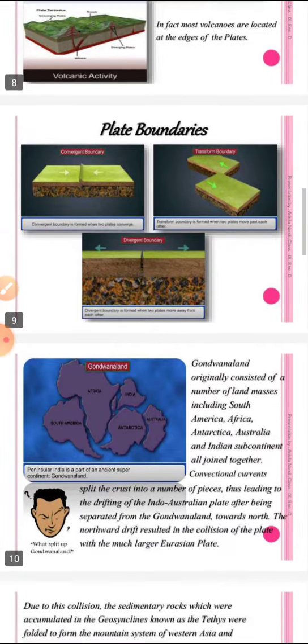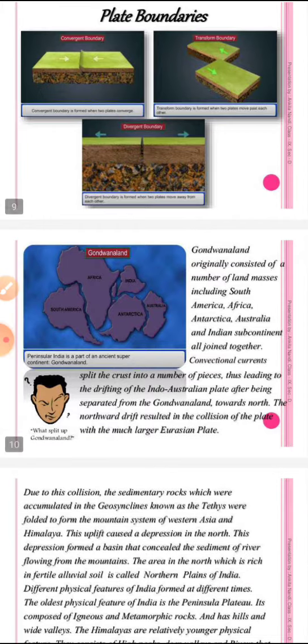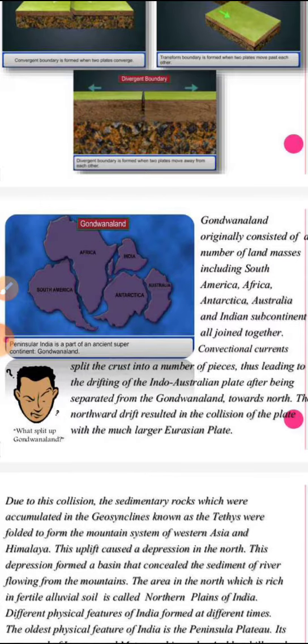With regard to the formation of major landforms of our country, I just told you about the theory of plate tectonics given by Wegener. He believed that millions and millions of years ago, there was a single landmass, a single continent, a supercontinent.